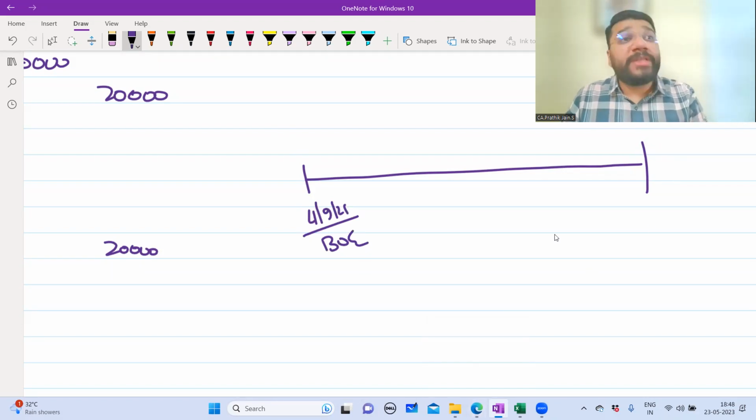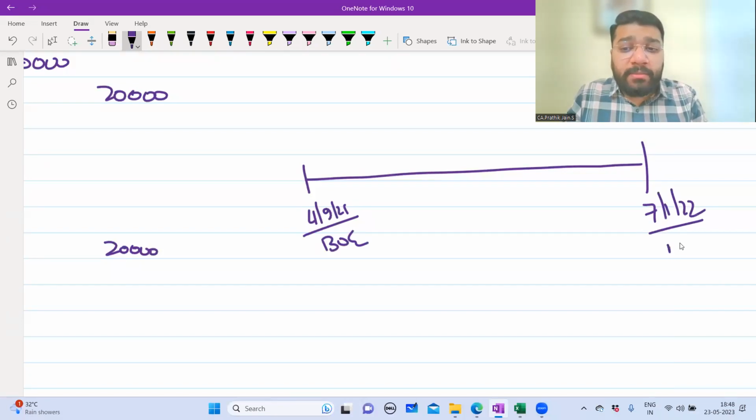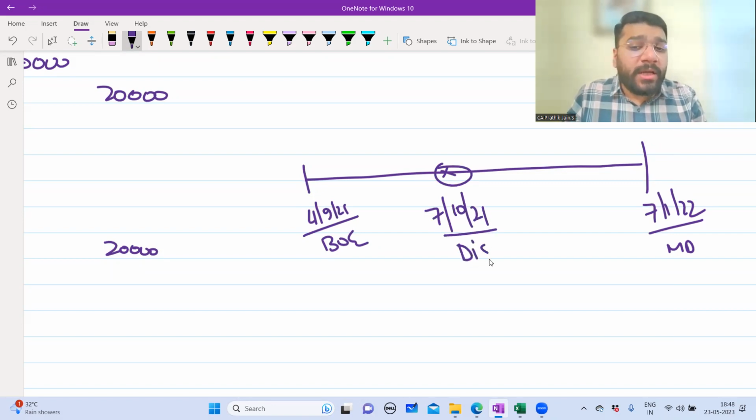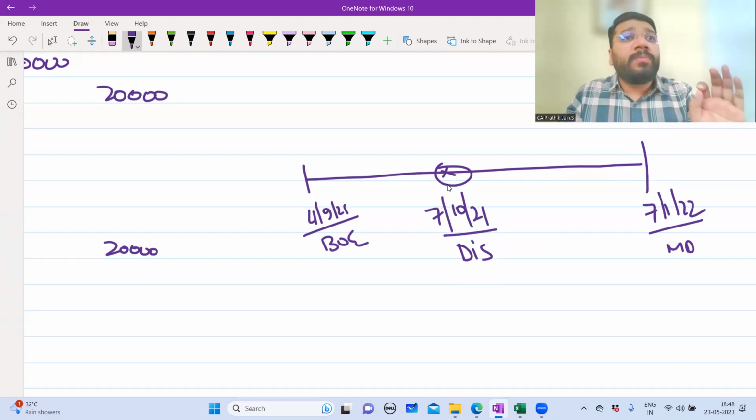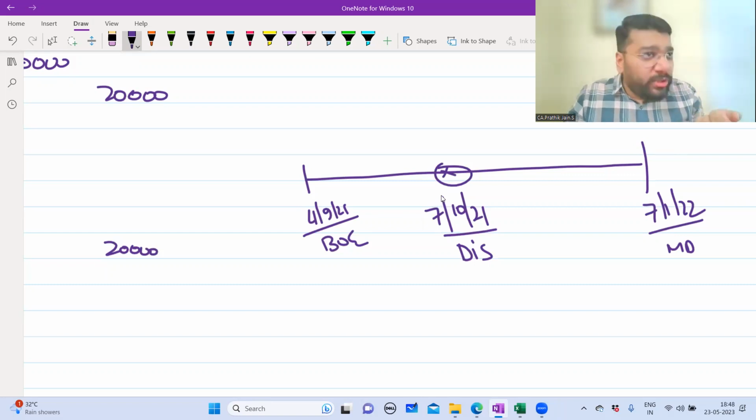What is the maturity date? 7 January 2022, which is the maturity date. When is the bill being discounted with the bank? 7th of October 2021 is the discounting of the bill, which means, guys, on 7th of October only we have received money from the banker. So you will pay the interest to the banker only for the period for which you have enjoyed the money.